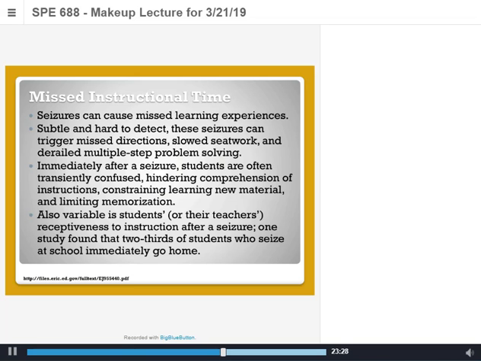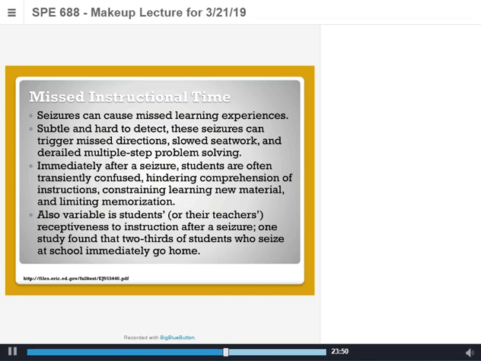So that's missing days, missing instructional time. Seizures cause missed learning experiences. Sometimes the seizures are subtle and hard to detect, and so students may miss directions. They may take longer to complete their work, and with multi-step problems, especially as they start getting into high school.